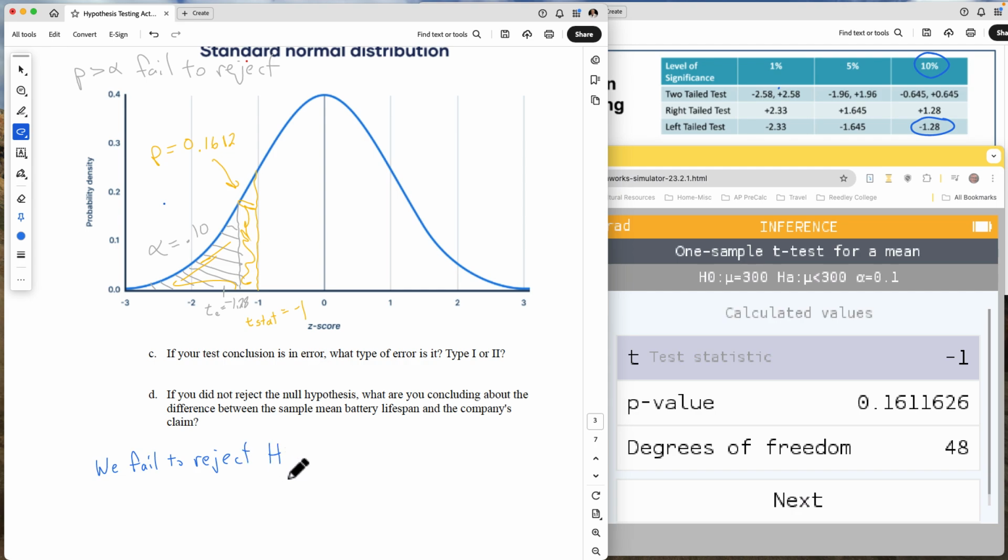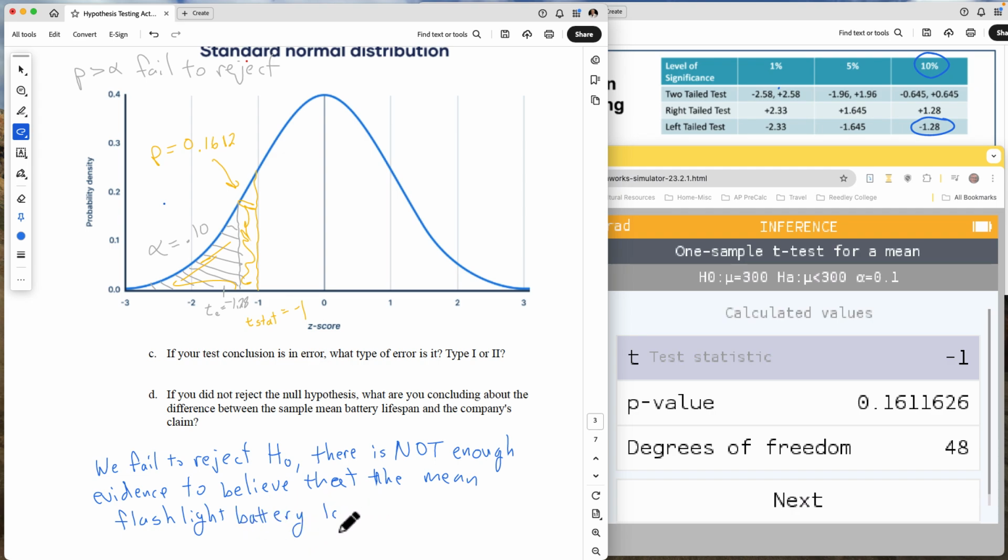What are we failing to reject? H naught. There is not enough evidence to believe that the mean flashlight battery lasts less than 300 hours, abbreviated hours like that.